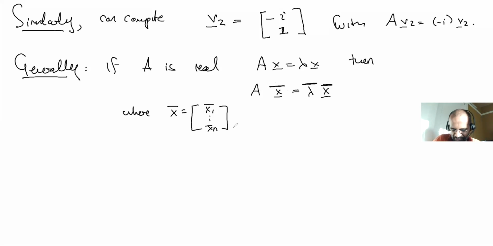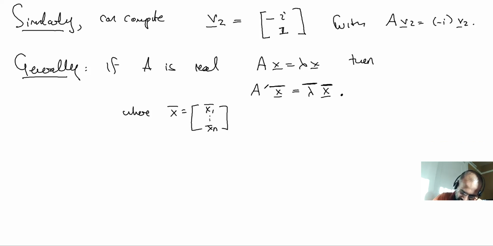You can just check. This is just because equations that are true about complex numbers remain true when you take the conjugate of both sides. And if you know complex algebra, the conjugate of the product is the product of the conjugates. So this is just because you conjugate both equations. And we use that A is real because A conjugate is equal to A.